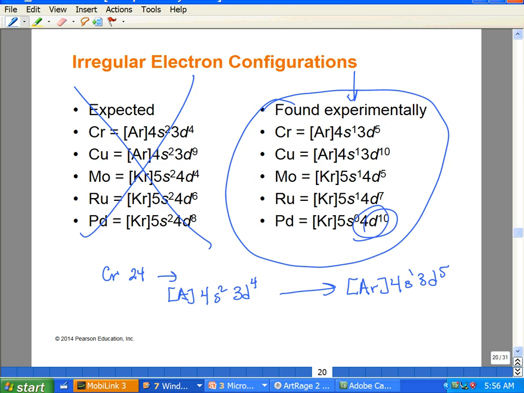And you should be able to do 45, which asks you to write the electron configuration, representing the core electrons with the symbol of the previous noble gas.